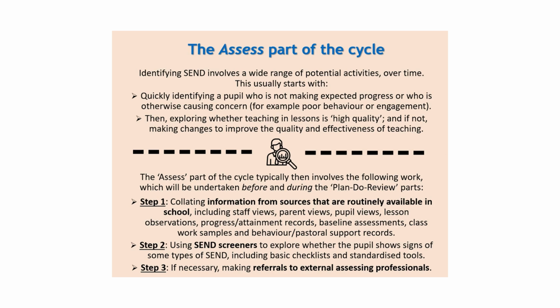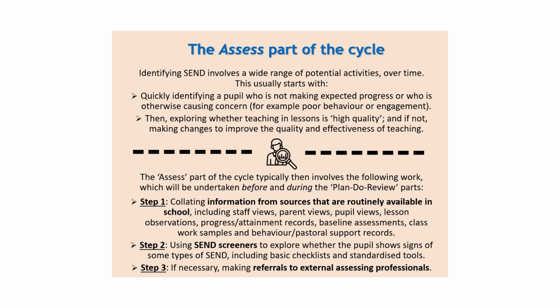The assess part of the cycle typically then involves the following work, which will be undertaken before and during the plan, do, review parts. Step 1. Collating information from sources that are routinely available in the school, including staff views, parent views, pupil views, lesson observations, progress and attainment records, baseline assessments, classwork samples, and behaviour or pastoral support records.